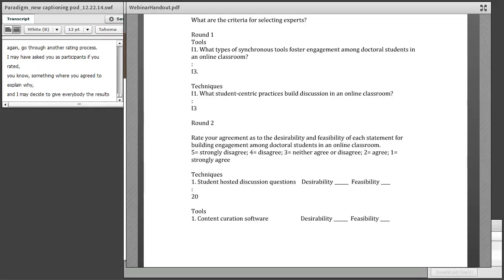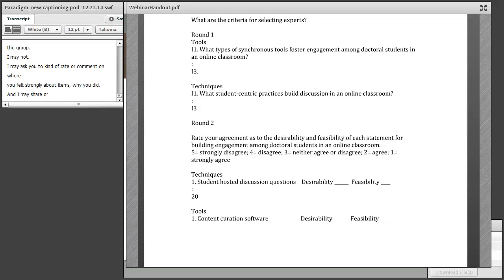I may not. I may ask you to kind of rate or comment on where you felt strongly about items, why you did, and I may share or control the feedback that I give to you for the next round. Again, that's optional, up to the researcher.